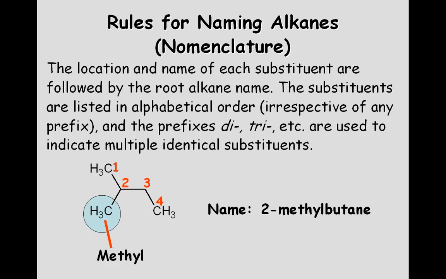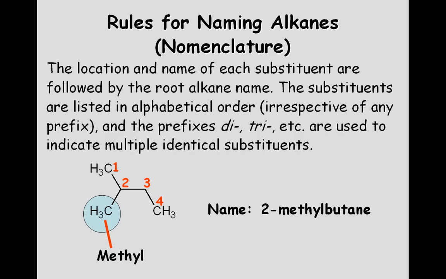2-methyl indicates the location of the methyl group. And then if we had multiple groups attached to this chain, we would put them in alphabetical order. So if we had an ethyl group also attached to the chain, that of course would come before methyl. So they're put in alphabetical order.